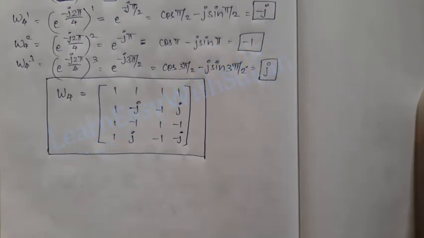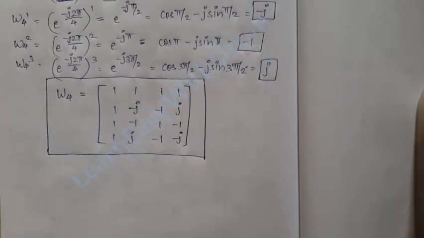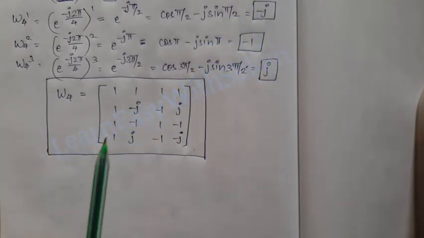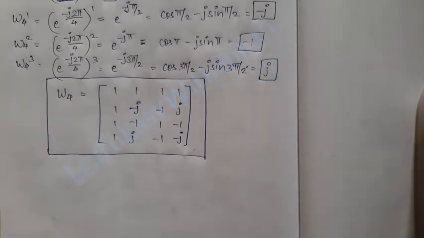So just remember these values. I will tell you how to remember those things easily. Okay, directly whenever they have asked for 4-point DFT, you can go with this. Just take the question and then go with this. Directly state this matrix and then proceed.